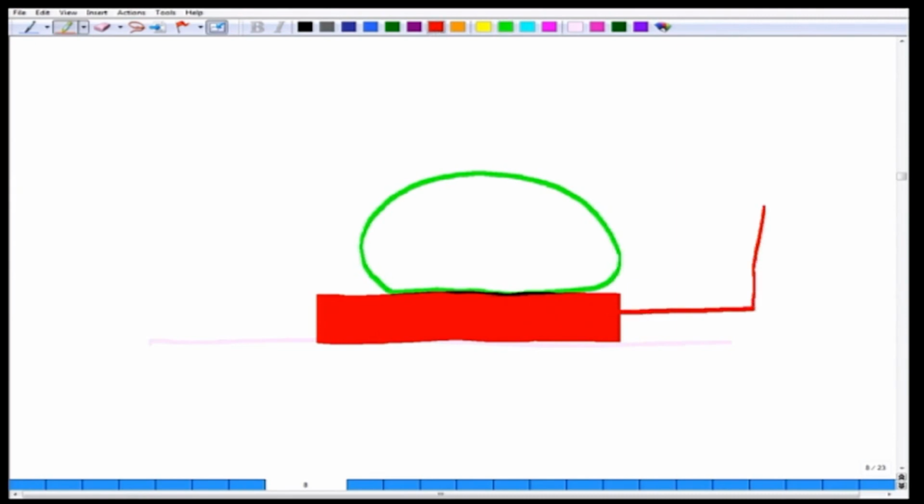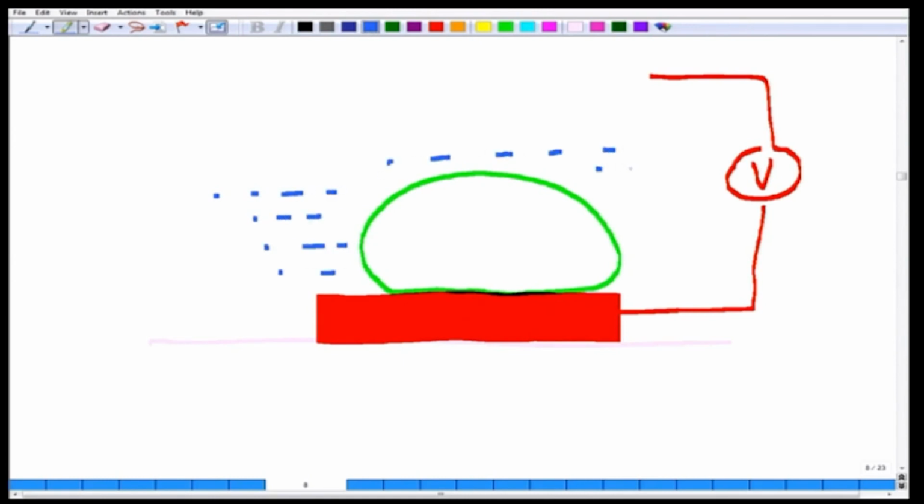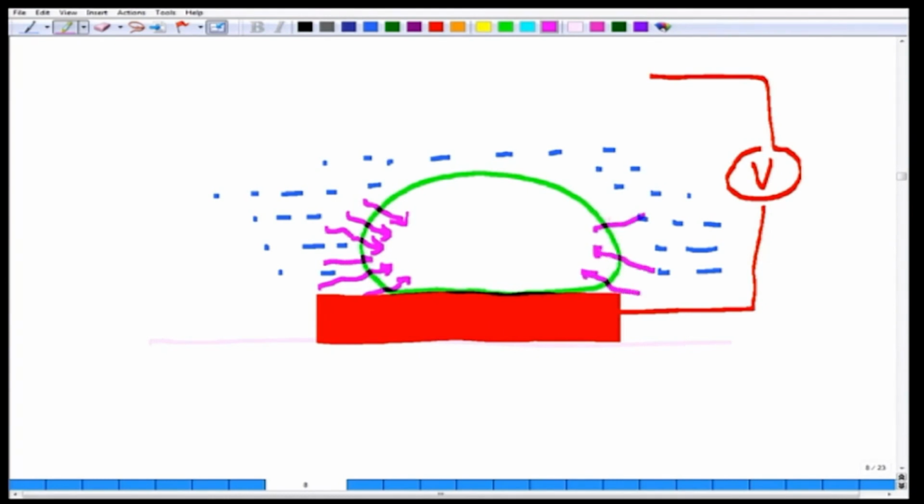This electrode is connected to a voltmeter right here, and the other lead of the voltmeter is out here at a distance. And this cell is in an extracellular fluid like this. It's bathed in a fluid. When the cell is firing an action potential, what we essentially see is an influx of sodium ions from all over the place, like this.